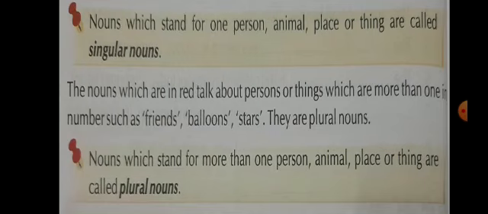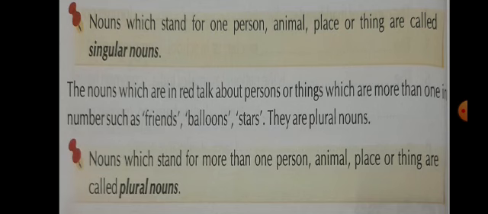Nouns which stand for one person, animal, place or thing are called singular nouns. So, you must remember this thing, children. Which are singular nouns? Nouns which stand for one person, one animal, one place or one thing. They are called singular because they talk about single.